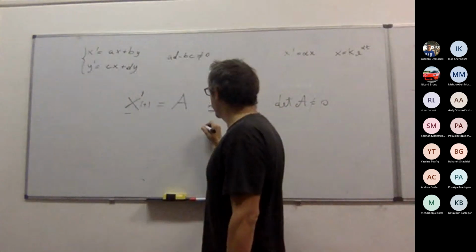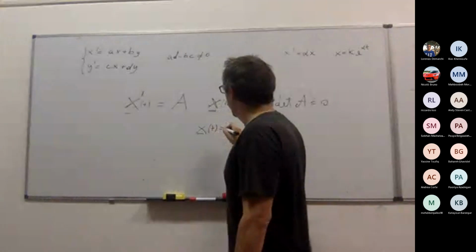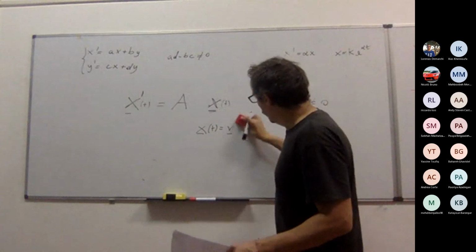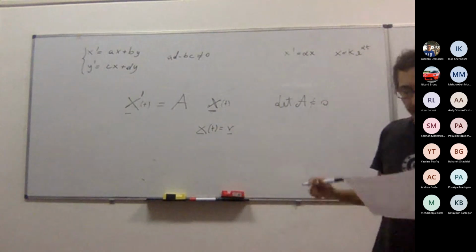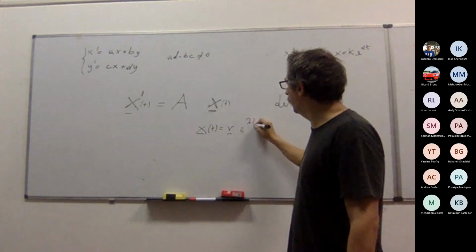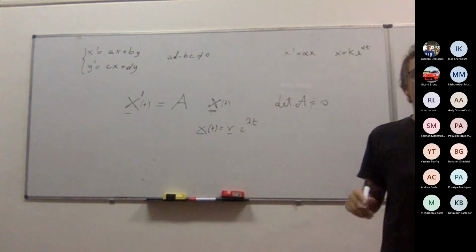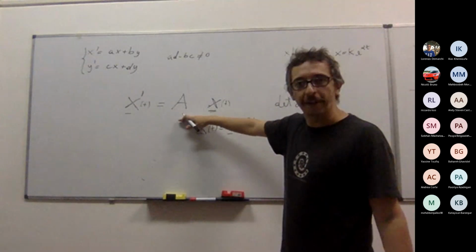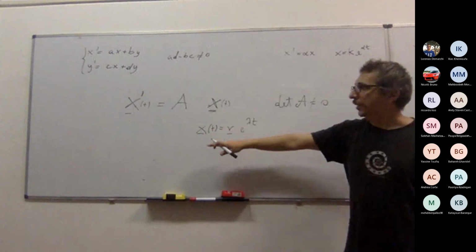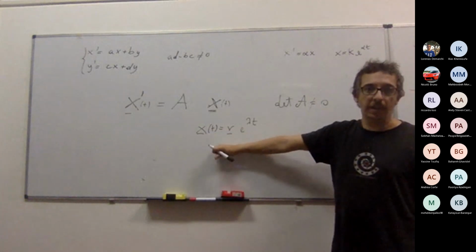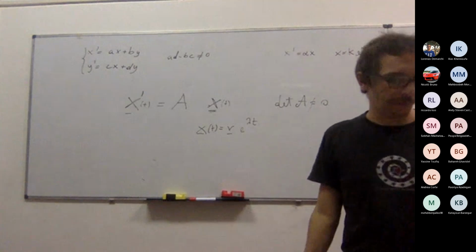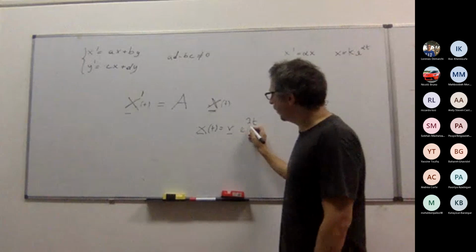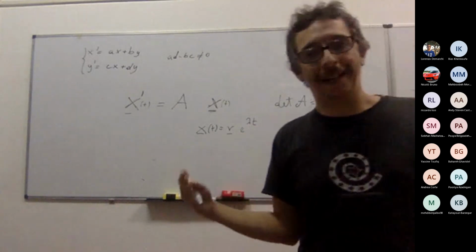The ansatz that I'm giving is that the solution x of t is written in terms of some constant vector v times the exponential of lambda t. I'm asking that the solution of this equation is something that looks like this, where v and lambda, this is a vector, this is a number, that I have to determine.